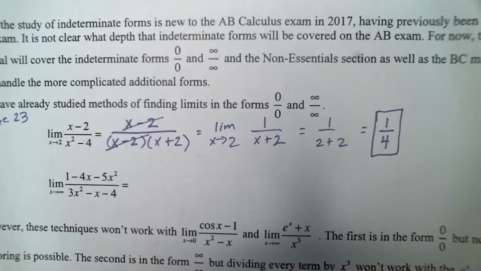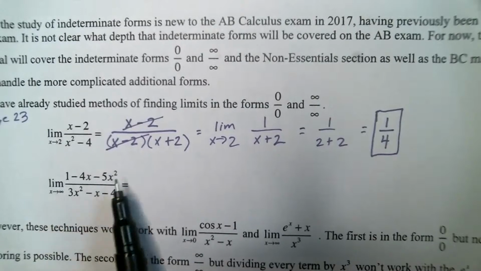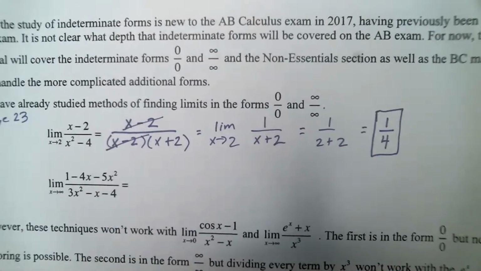All right, let's go to this next one. So the limit as x approaches infinity of this function right here is equal to. Now, I don't know if any of you have your binder near, and you can go look at page 23 and see exactly where we're pulling this from.